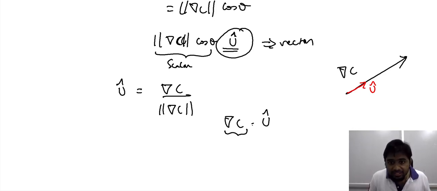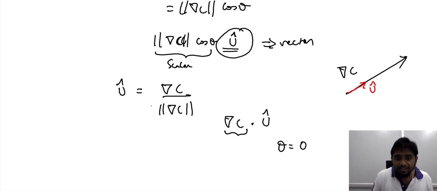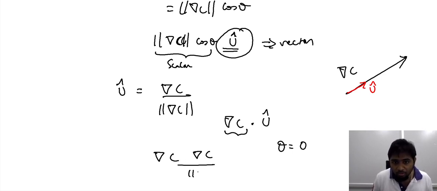So when I consider the dot product, the theta would become 0, and then we would have the dot product of these two values, and just the dot product will get multiplied. So when I multiply these both together, then I have C and norm of C. So we will have two norms.